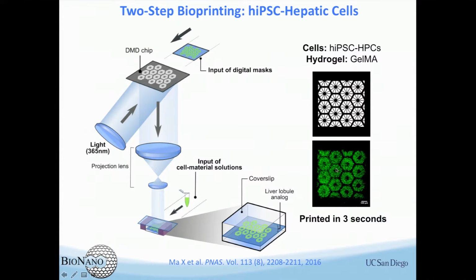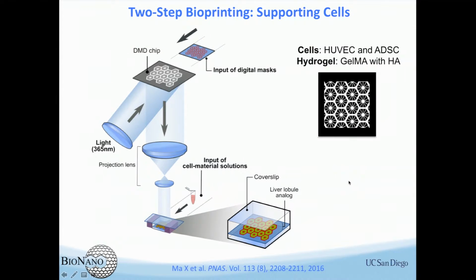In this case, I have the green. We actually stain the liver cells so you can see them under the microscope, and we intentionally make these dark areas open, so we can put other types of cells to support the liver part. In this case, I have human endothelial cells and also adipose-derived stem cells. These are fat cells.